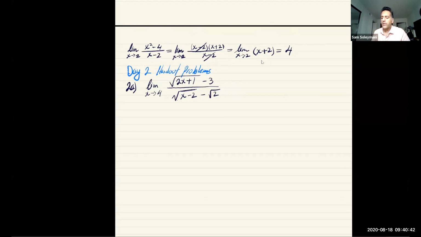Okay, so what we do here is we multiply by the conjugate, or we rationalize. We want to get rid of those square roots. We know that the conjugate of a plus b is a minus b, correct?